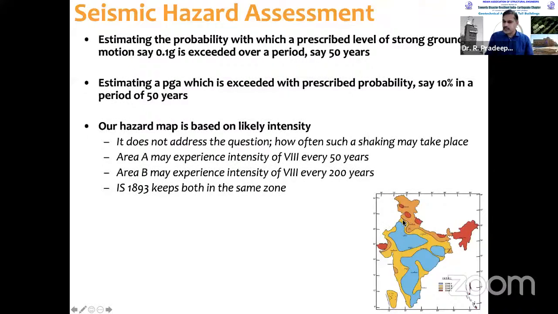Area A is, say, in the foothills of the Himalayas, and area B may be deep down in the south. So 50 years is the return period of one earthquake, and 200 years is the return period of another. But 1893 puts both these areas in the same zone, under the same hazard level. So that is the point of concern, and we need to address it.